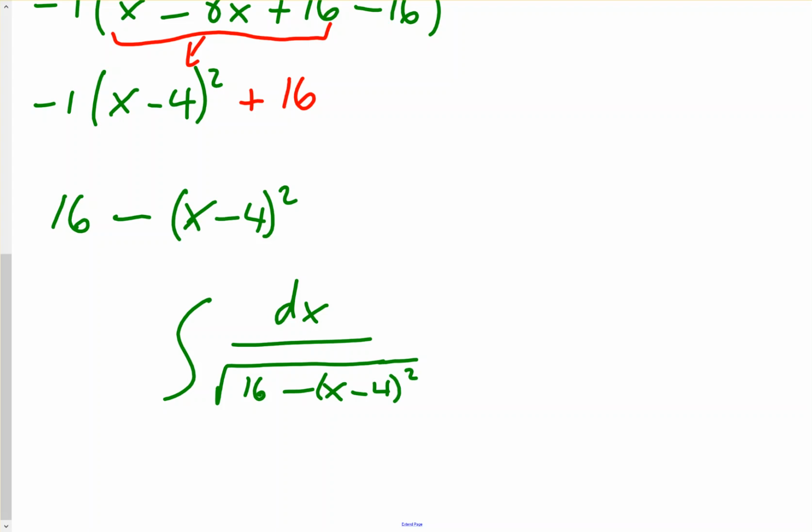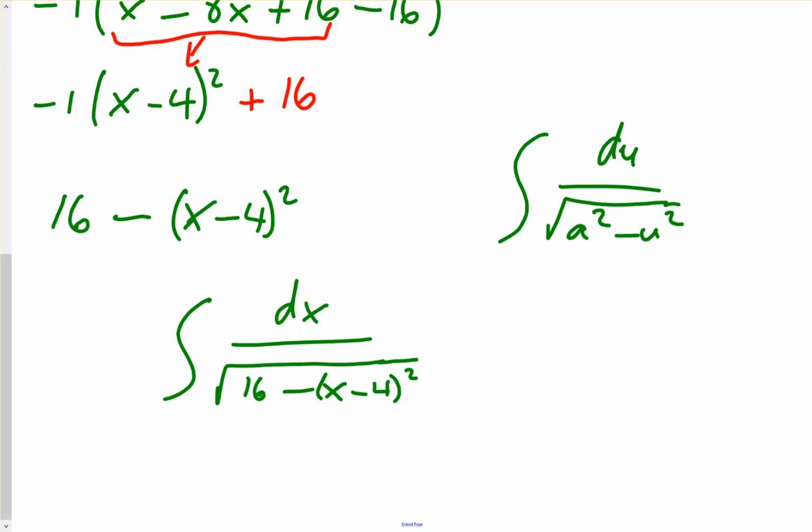And so if we look at this, this is going to fall into line with our inverse sine formula for integrals. Okay, so if we remember inverse sine, we have du over square root of a squared minus u squared.